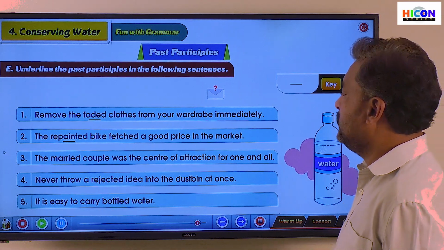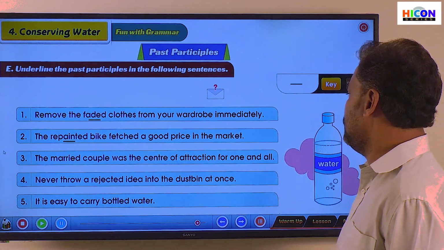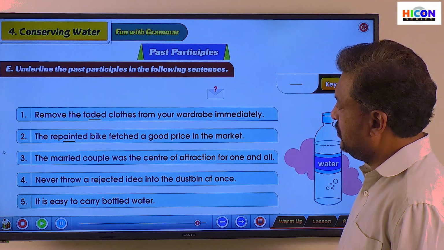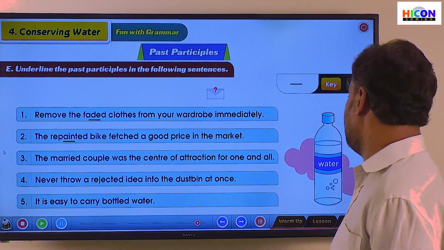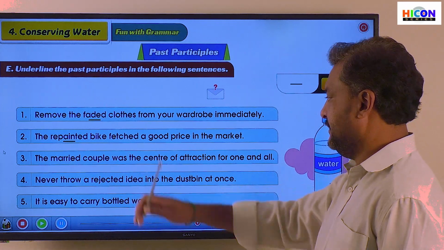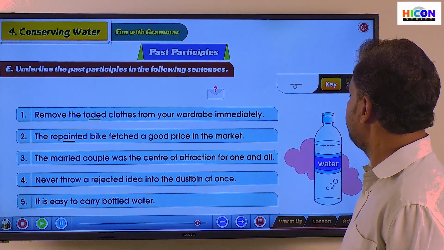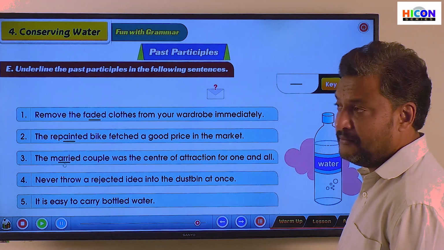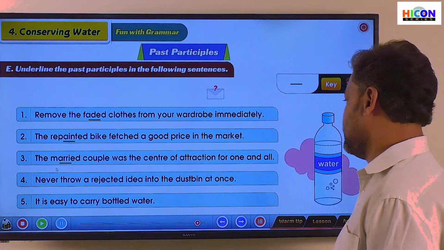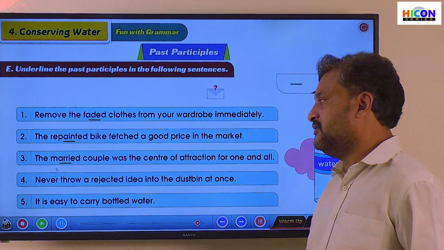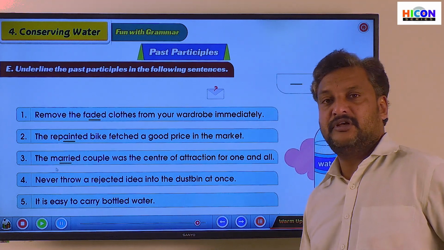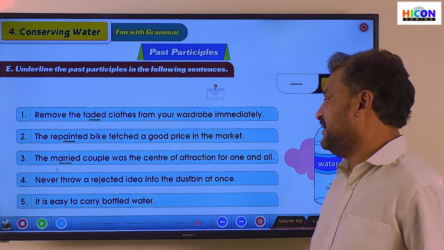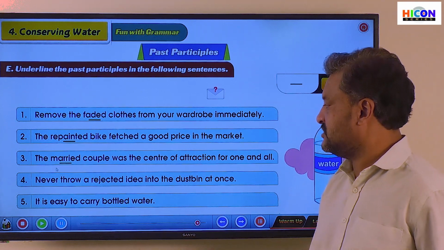The married couple was the center of attraction for one and all. So, married. Marry, married, married. Yes. Fourth one, never throw a rejected idea into the dustbin at once.